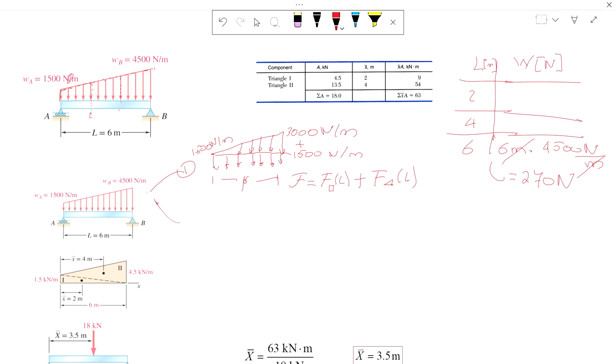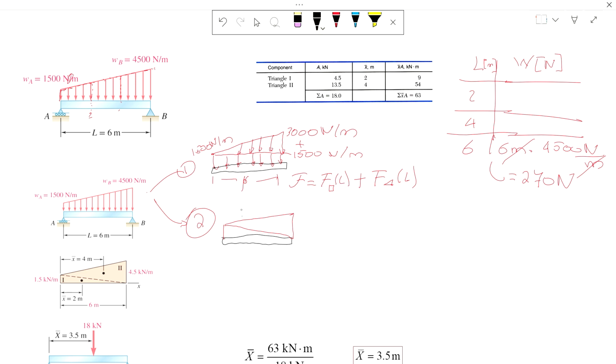Another method, which is probably simpler so we don't have to subtract anything, is to create a beam again. Okay, here the beam is right here. And in that method, we're going to say, well, let's just do two triangular shapes.